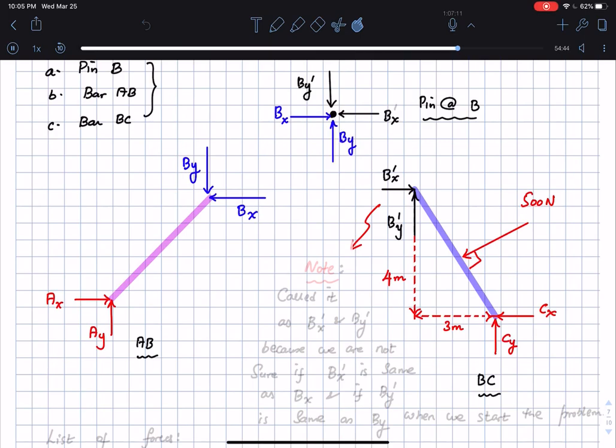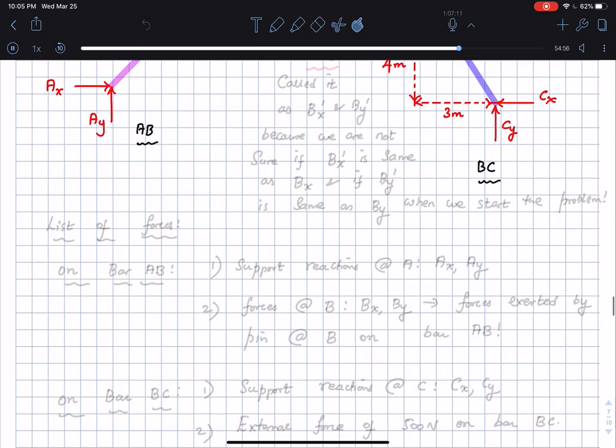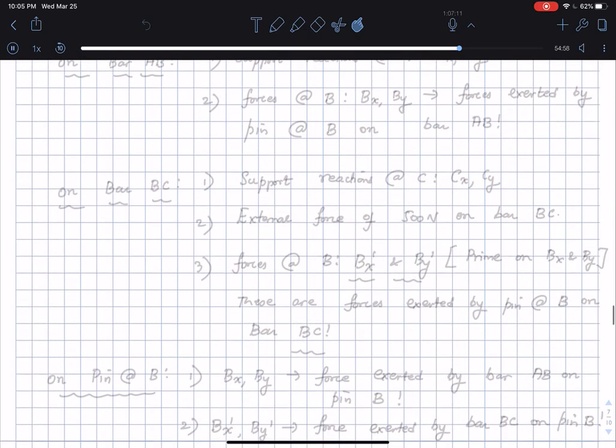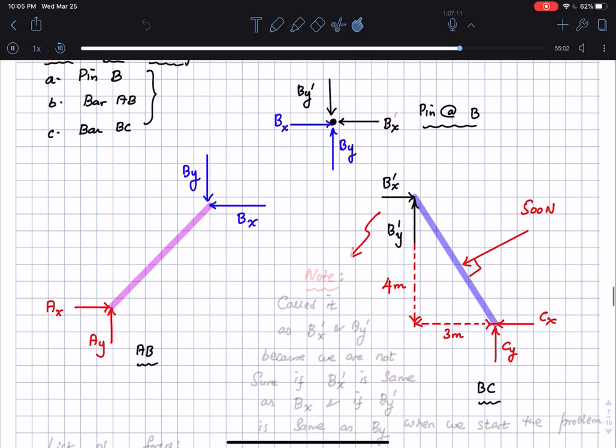Okay, so there are several things that are going on. Let me take this figure and scoot it a little below what the situation is. Okay, likewise if I take this and show it a little apart. Okay, so here is the bar AB, here is the bar BC, and here is the pin at the point B. Okay, so this is the pin at the point B, and this is going to be BX prime as I have specified.